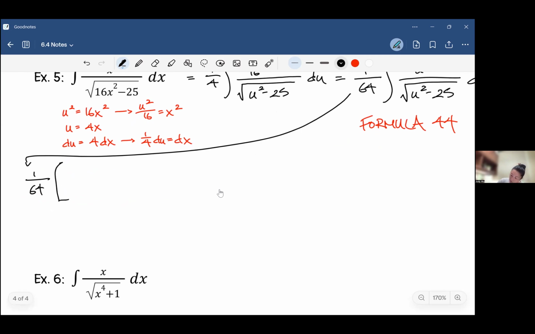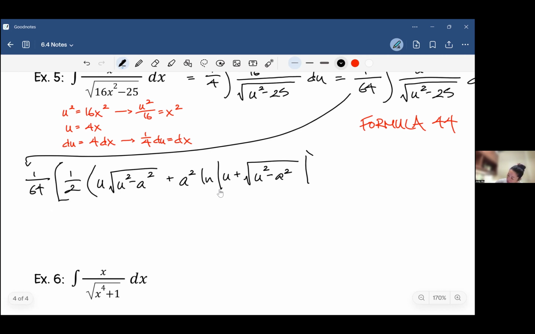It's going to be 1/2 times u, the square root of u squared minus a squared, plus a squared, natural log of u plus square root of u squared minus a squared, close it, close it.